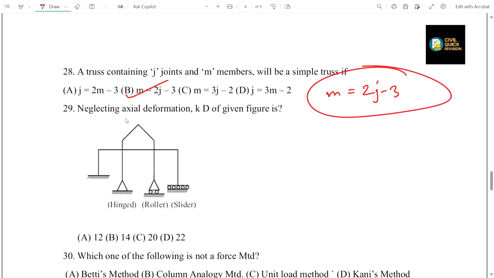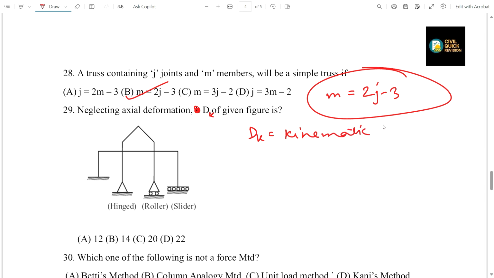Now coming to 29, neglecting axial deformation, DK of a given figure is how much? DK means degree of freedom, or you can say kinematic indeterminacy.